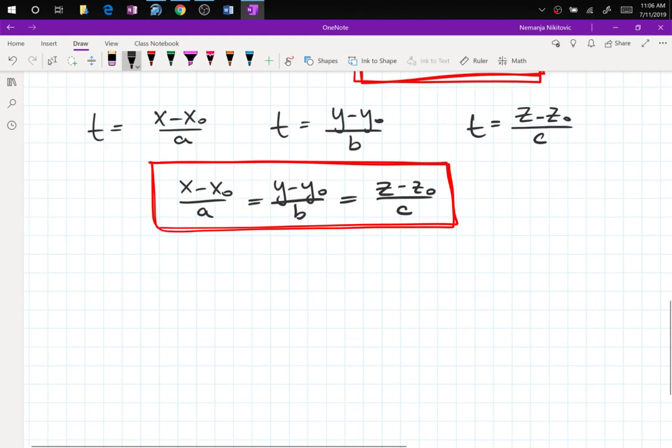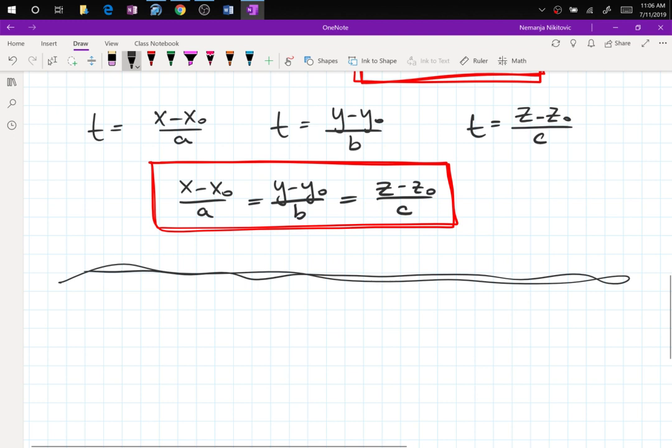So the most fundamental problem over here would be to find the equation of the line going through two points that are given in space. So find the equation of the line. And when I say equation, I mean all three parametric equations. Find the parametric set of equations, it's just lazy to write all of that.